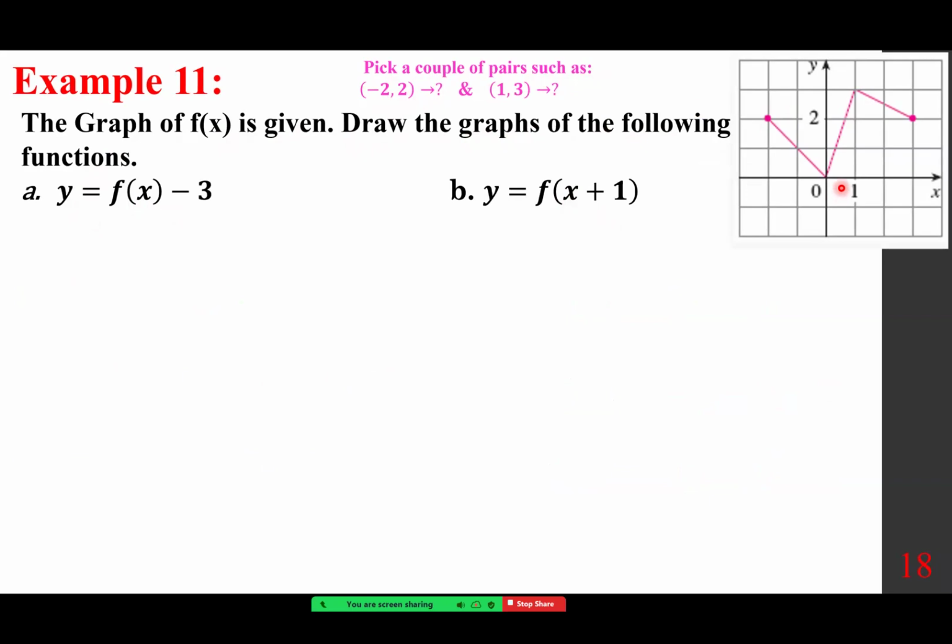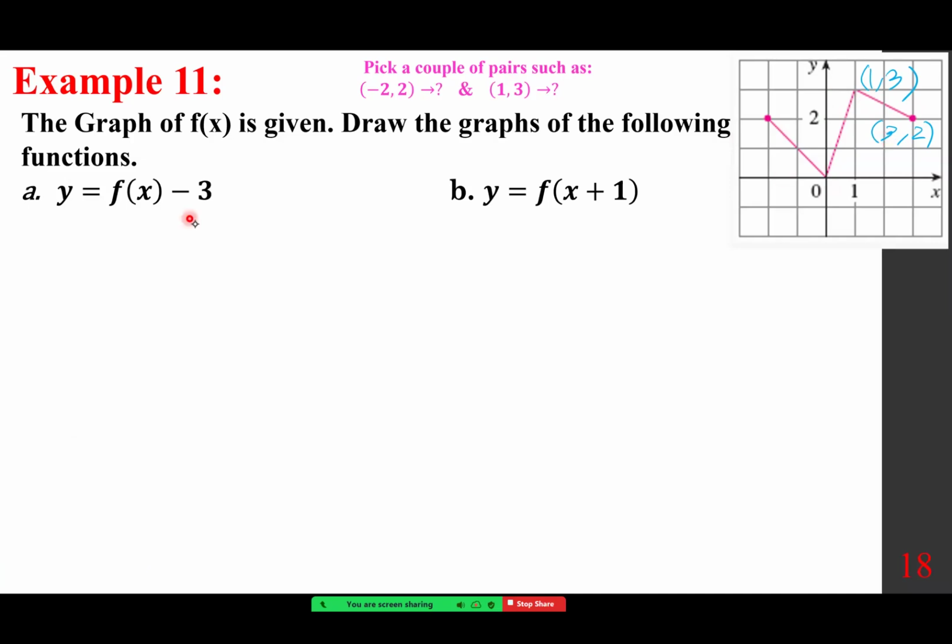You do 0, 0, you do this one, 1, 2, 3, 2. So I'm assuming you can pick those easy points. All you have to do is pick up those 4 points and find out what happens.